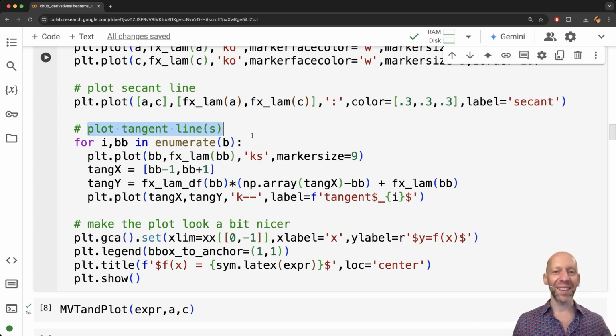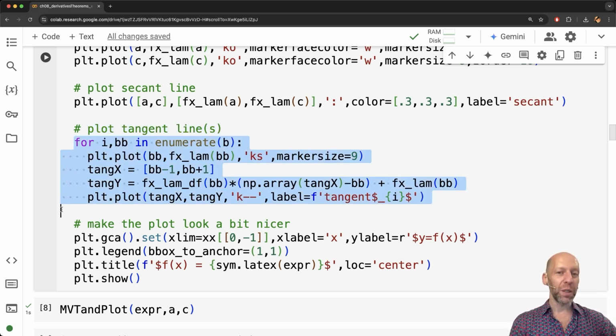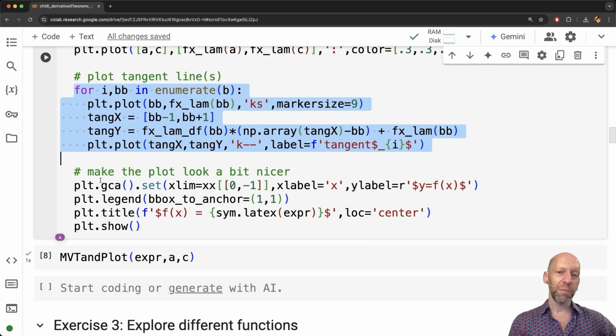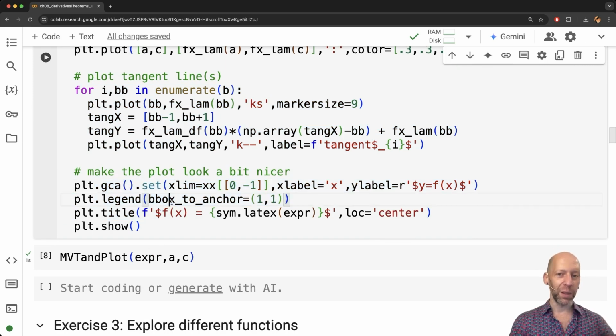Sometimes there might be, in this example problem with this example function, there is, but it's just how it happened to work out here. So basically, we need a for loop to plot all of the tangents for all the points that solve the mean value theorem problem. Okay, and then, this is just making the plot look a bit nicer.